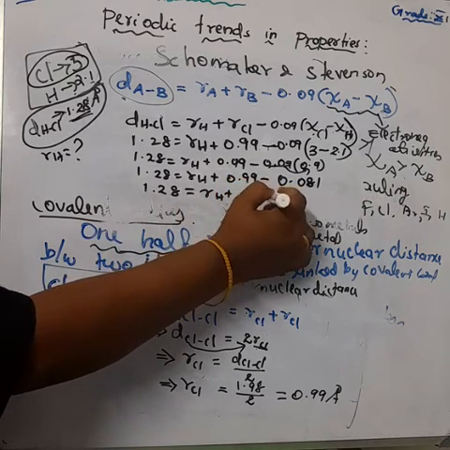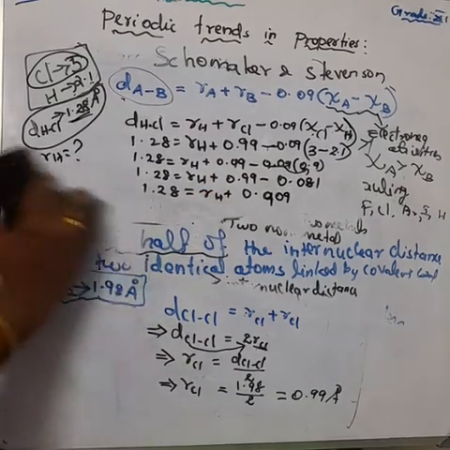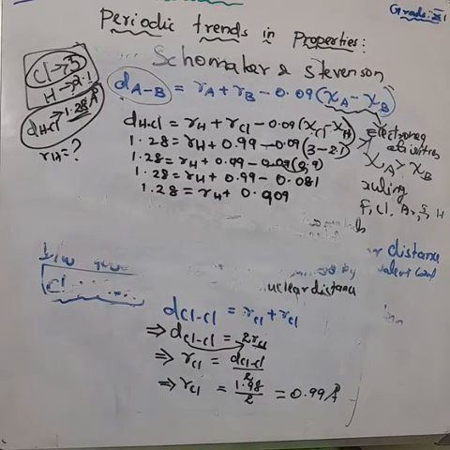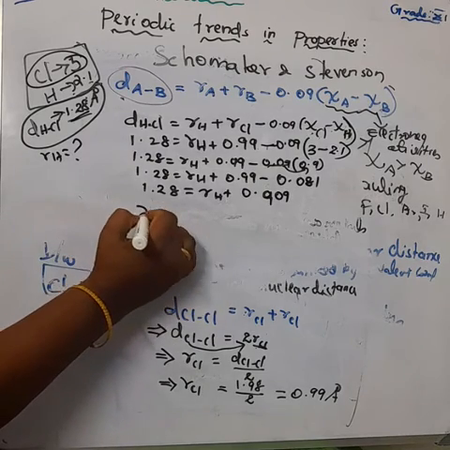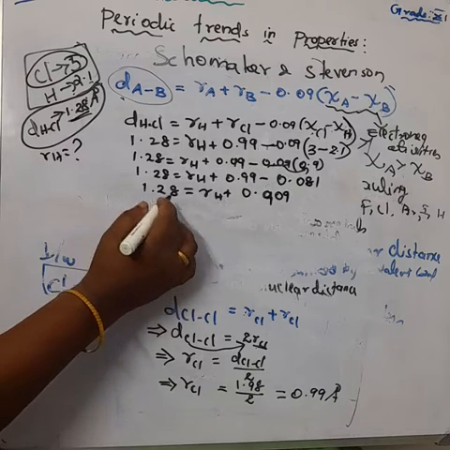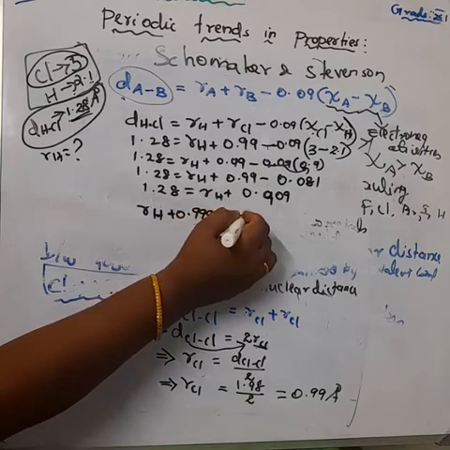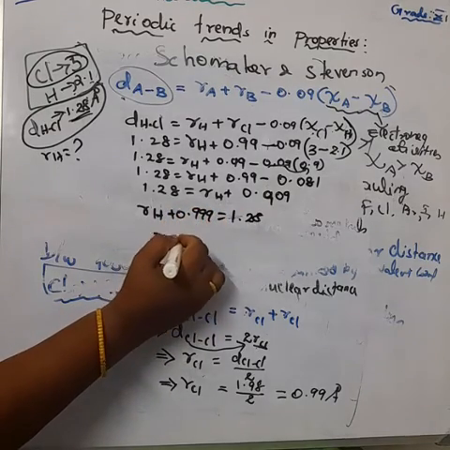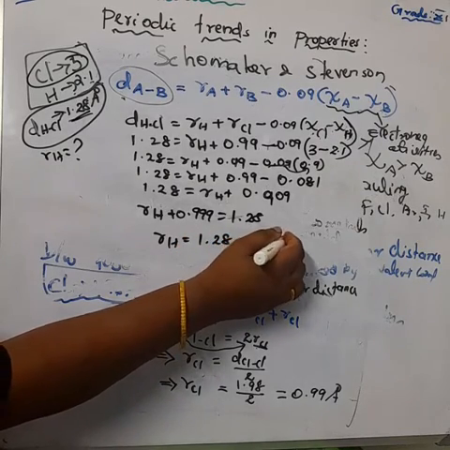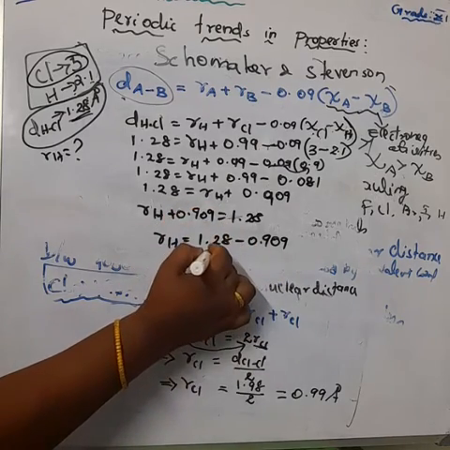Understood? The value we have to calculate is the covalent radius of hydrogen. So R_H is equal to 1.28 minus 0.909. When we subtract these two values, we get 0.371 Angstrom.